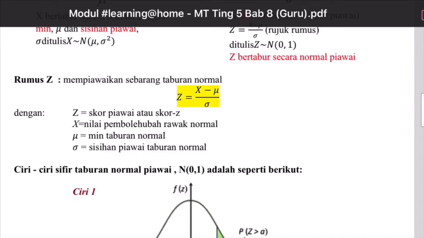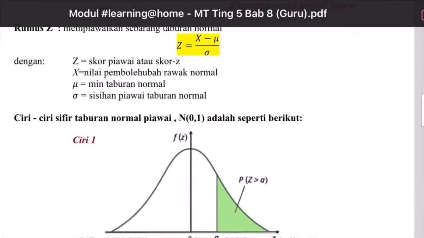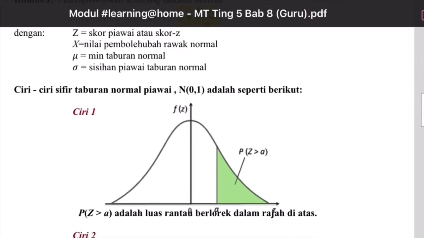So z is the score that we call standard score. Sometimes we don't say standard score, we call it z-score. And x is the normal random variable, and mu here is the mean for the normal distribution. All this will be provided by the question.